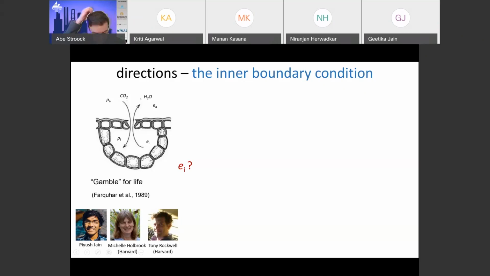And so that's a future looking answer, to say that we're hoping to be able to find traits that allow plants to be more water use efficient by allowing them to control water loss without impacting CO2 uptake, and to manage this so-called gamble for life between CO2 and water. So good question. Sorry for the maybe excessively complicated answer.